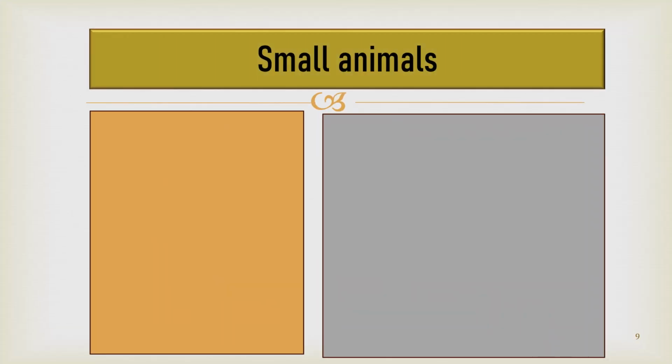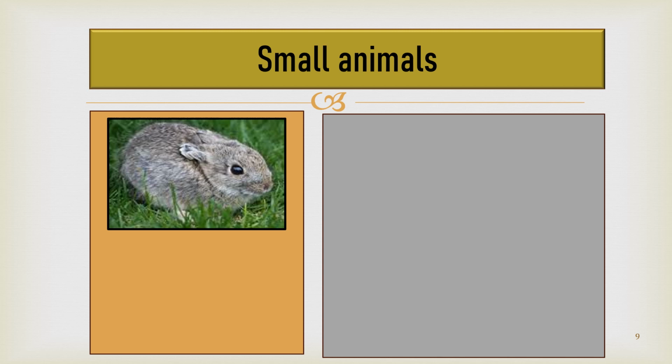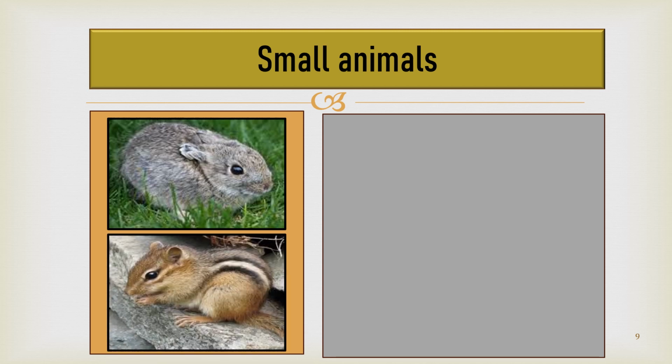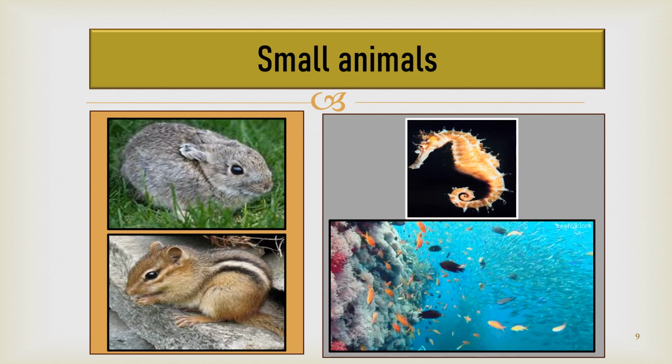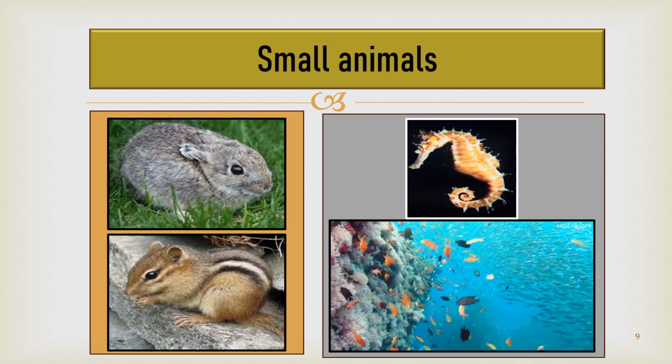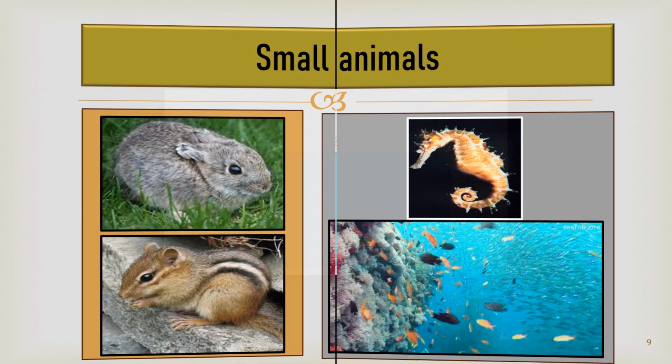We can see small animals on land and in water too. Here are a few examples. A rabbit and a squirrel are small land animals, whereas seahorse and some kinds of fish are the small animals in water.